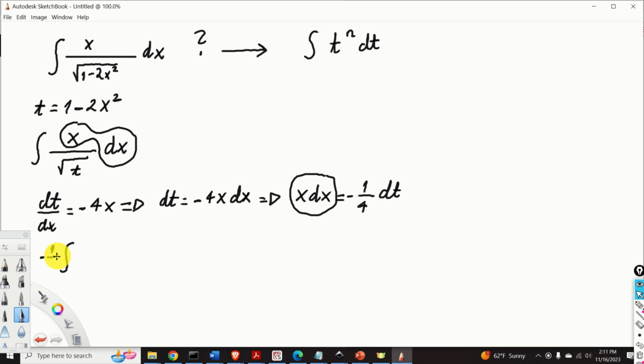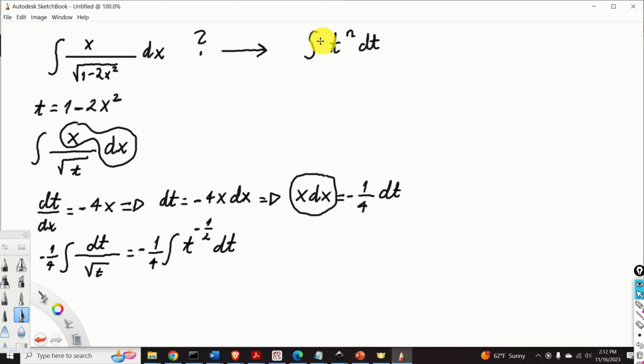Minus 1 over 4, and we will have dt over square root of t. Square root of t, or better to say 1 over square root of t, can be written like this. Integral of t to the power minus 1 over 2 dt.